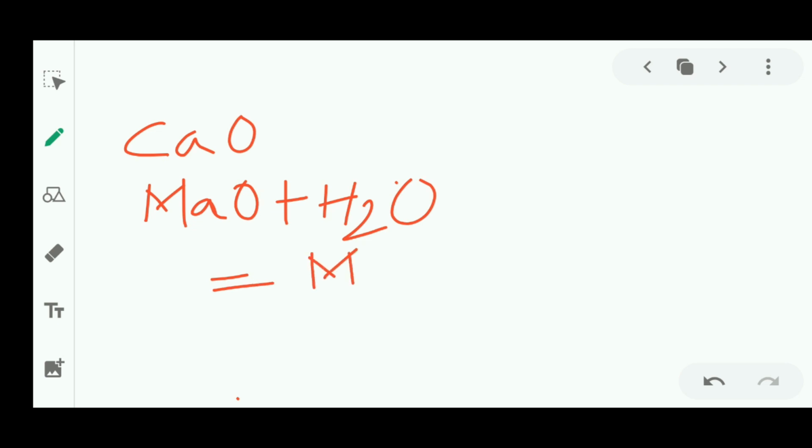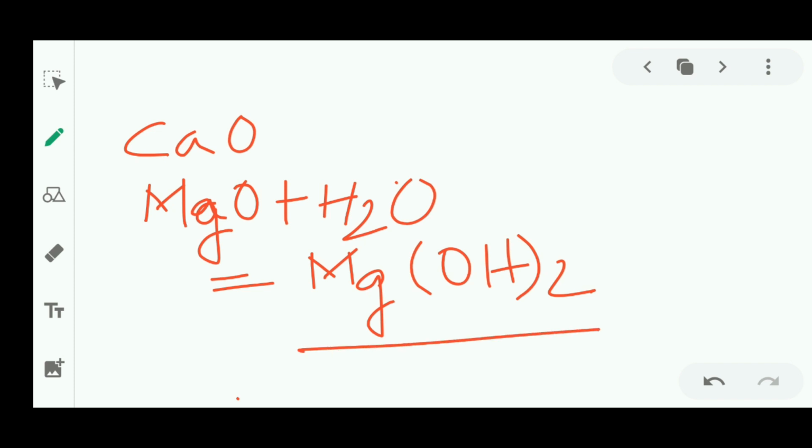MgO is also a basic oxide, because when MgO reacts with water, it produces milk of magnesia, that is Mg(OH)2. It reacts with acid and produces salt and water, and this milk of magnesia is white in color and is used as an antacid.